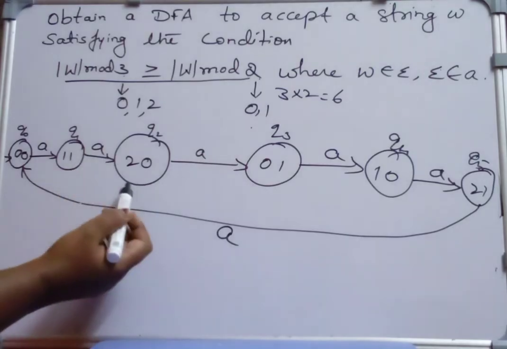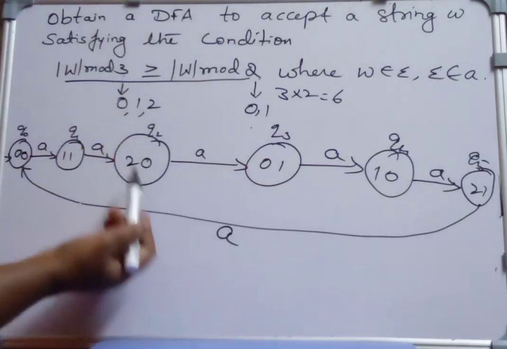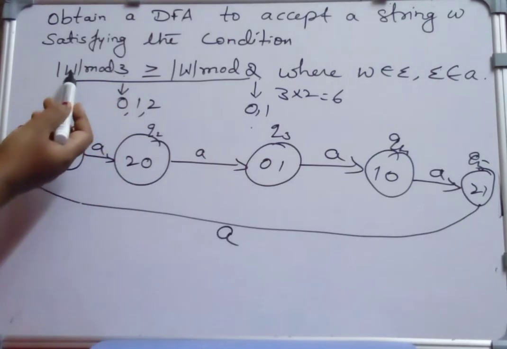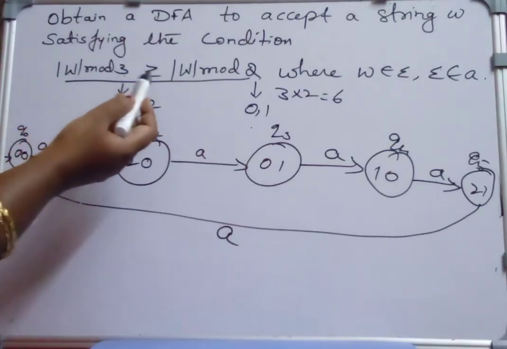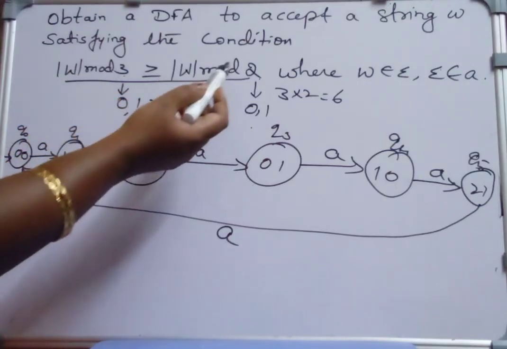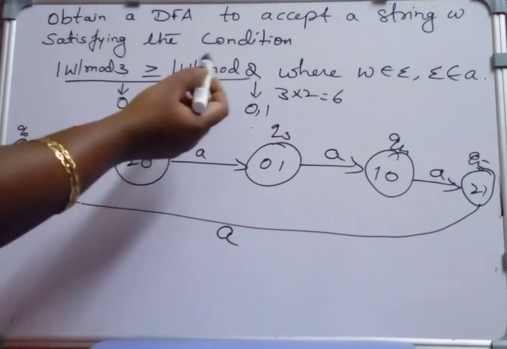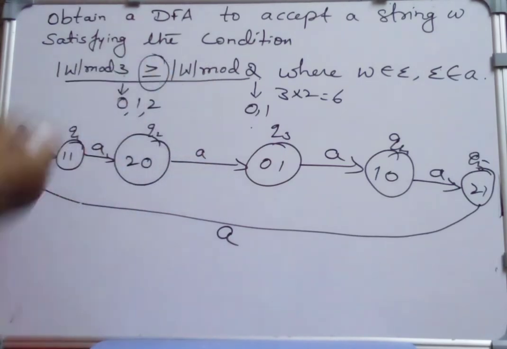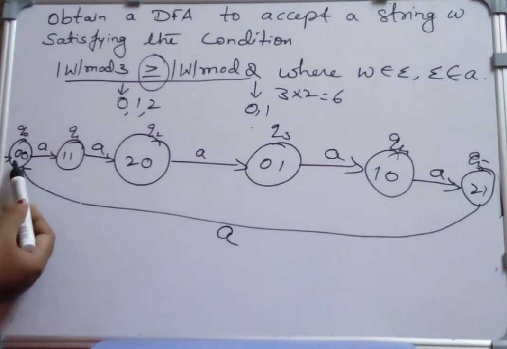So here to identify the final states, what is the condition given? String length of W mod 3 should be greater than or equal to W mod 2. So to identify this condition, see the remainders. The first remainder is mod 3 and the second remainder is mod 2.